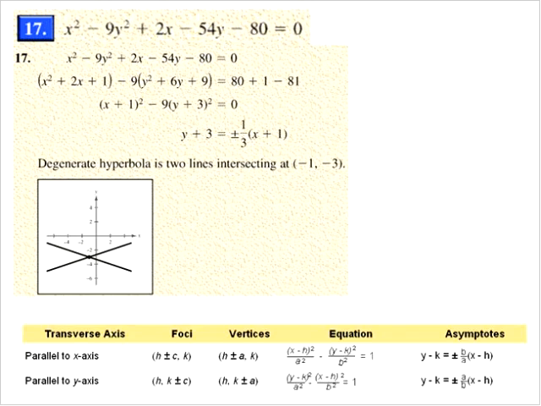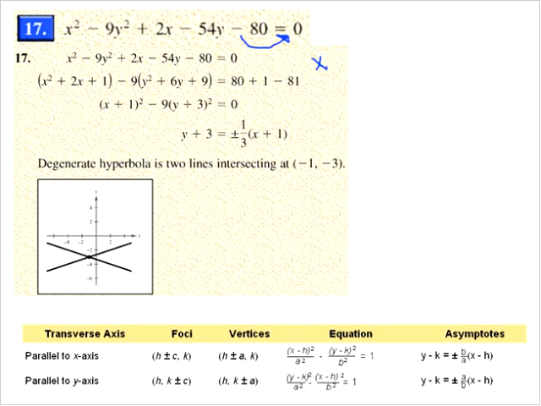Okay, so the next one, we need to come up with an equation. And we have to complete the square for that. So we start by putting our x's next to each other and the y's next to each other. And then we add the constants over to the other side.